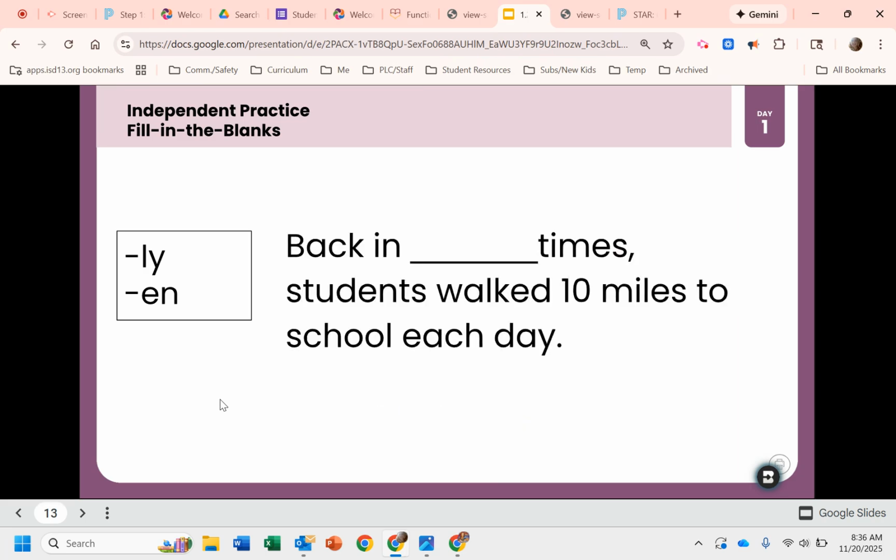Back in blank times, students walked 10 miles to school each day. Which of our suffixes do you think we will use for this word? ly or en?